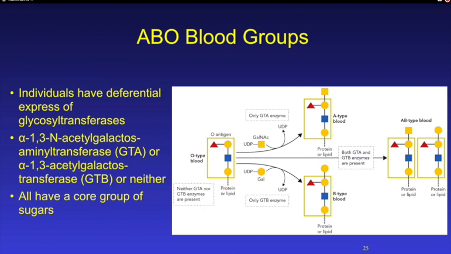If by chance you have the gene for the GTA version of a transferase, you'll be moving a certain sugar on the outside of this core to make A-type blood. If you have the other version, the GTB, you might be making the B type, and if by chance you have both versions, you will be an AB blood type.